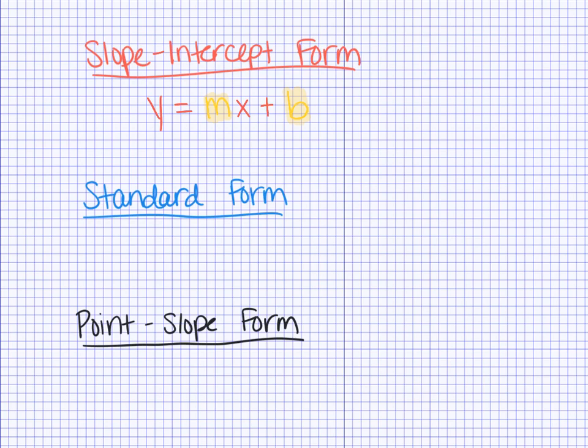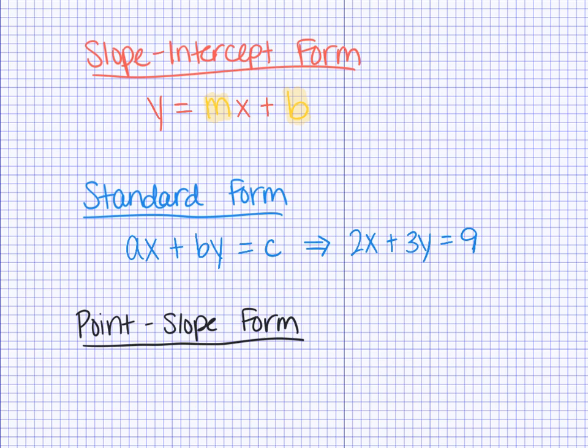Alright, and then the second form we talked about was standard form. So that was when you had your x and your y together on the same side. Something a little more familiar, something like 2x plus 3y equals 9. That would be in standard form.